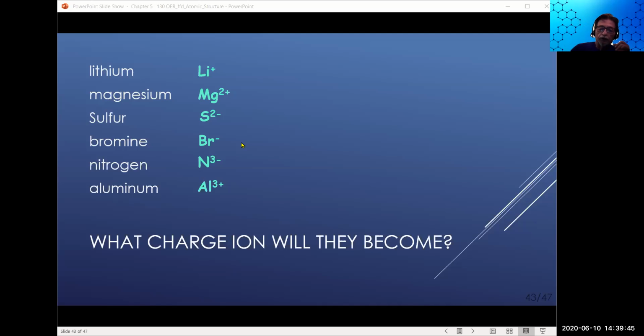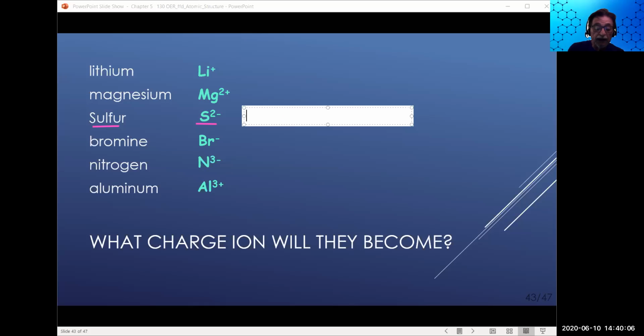Okay, notice the name here for the nonmetals. This is sulfur. Now, when this becomes an ion, we change the name to sulfide. So this is now sulfide when it's the ion.